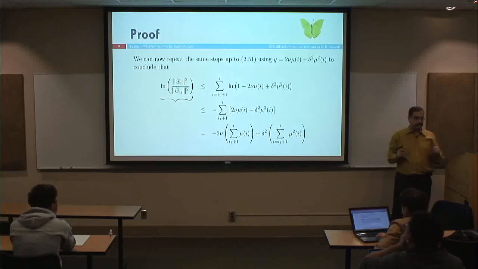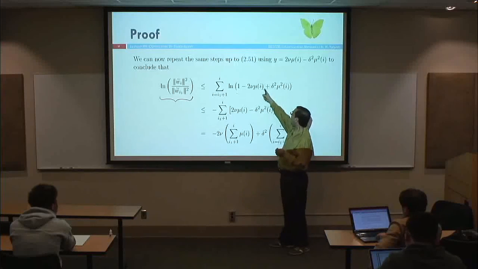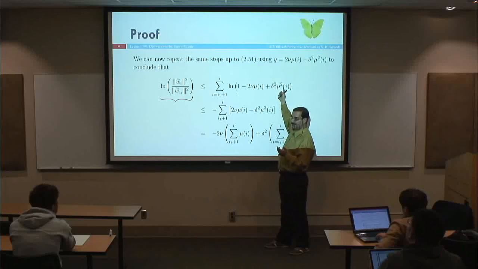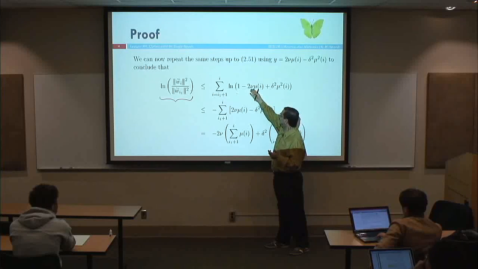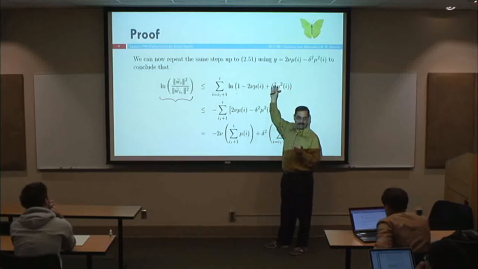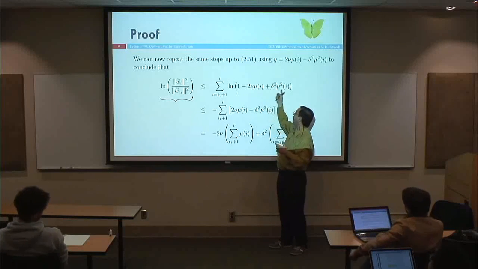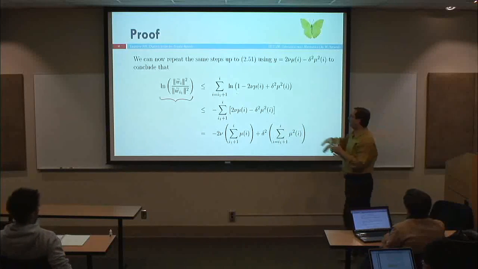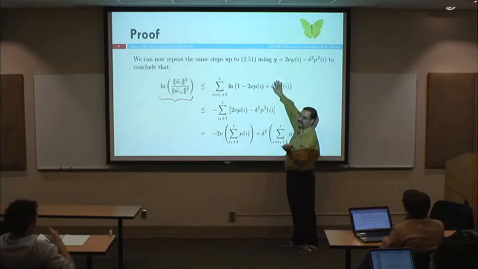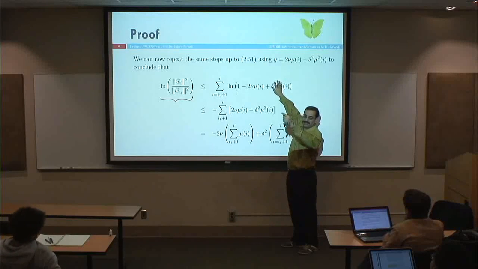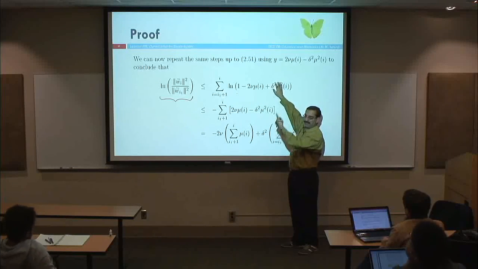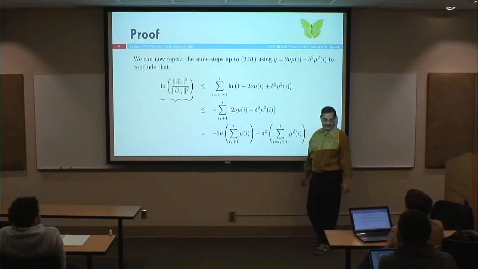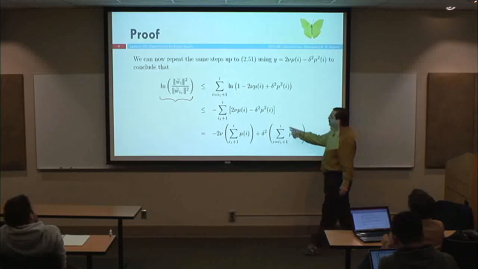Because you see this number, for I large enough, is still 1 minus something, of that form, like a y, and this y is also between 0 and 1. So you may ask, why don't I just continue like before? You can. But you will get a convergence rate that's not as tight as you can get if you use this, as you're going to see. If you keep everything, you will get a better expression for the convergence rate. So I just kept everything.